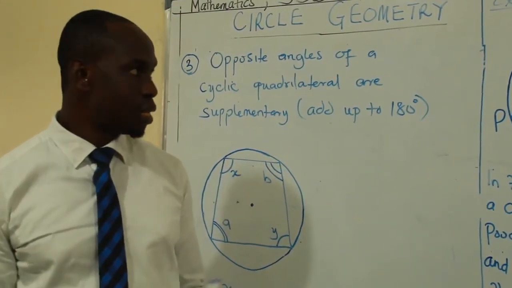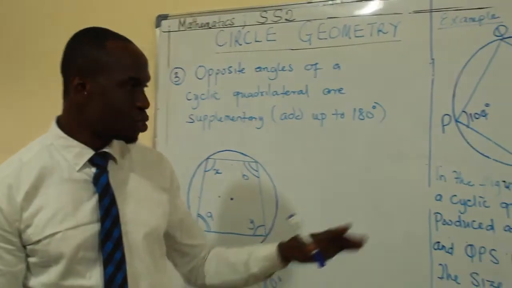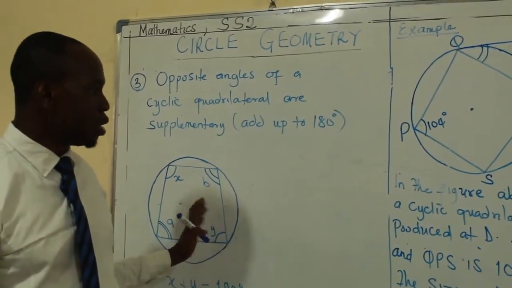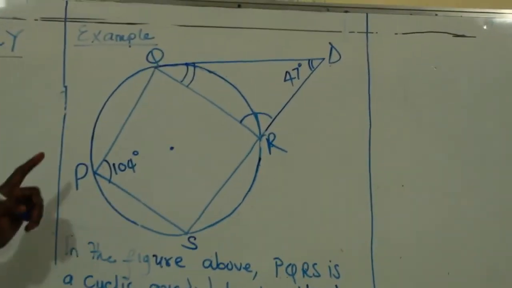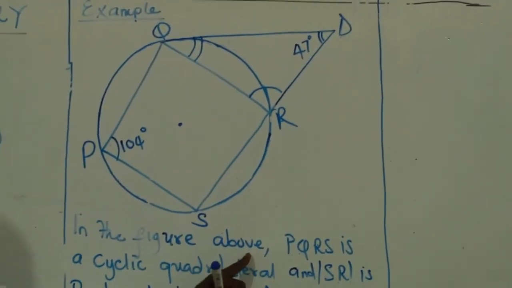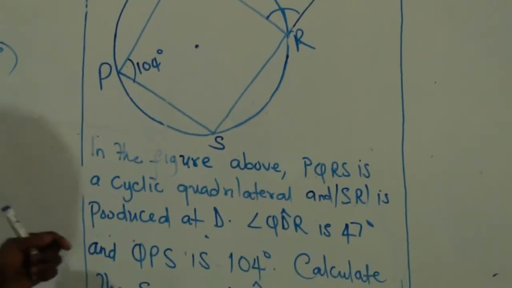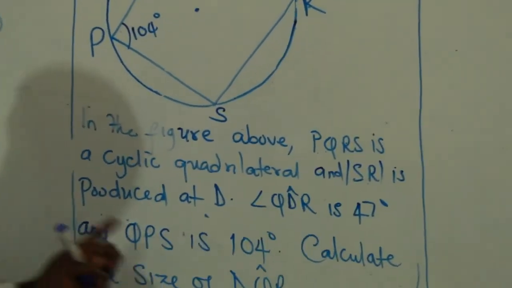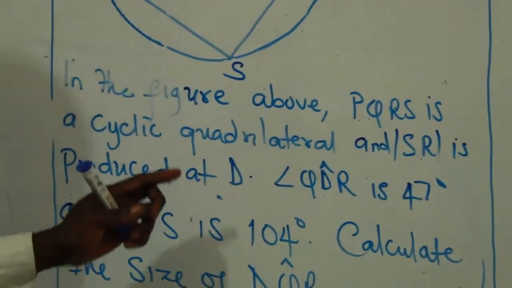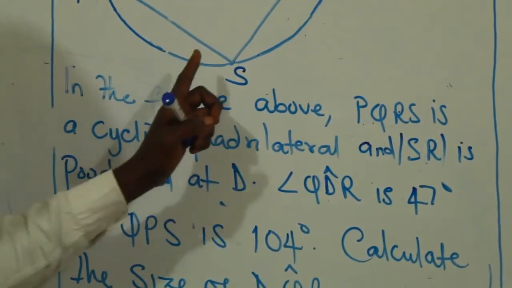I've written an example on the board to help us understand this theorem. And the example is here. It says that in the figure above, PQRS is a cyclic quadrilateral and SR is produced at D. So PQRS is a cyclic quadrilateral.